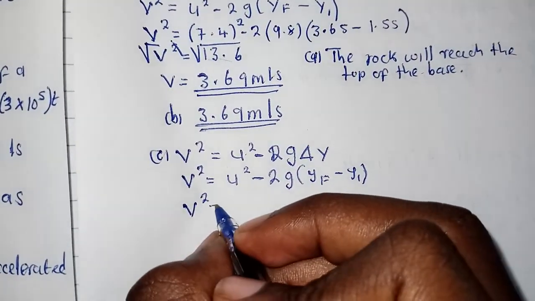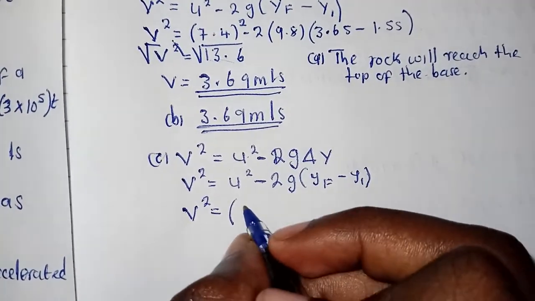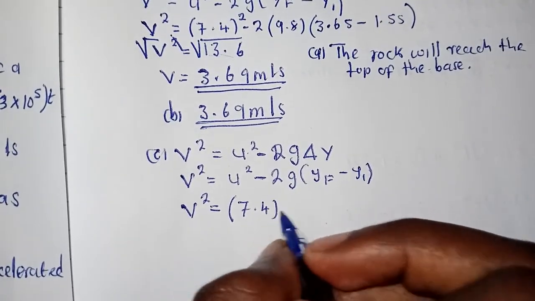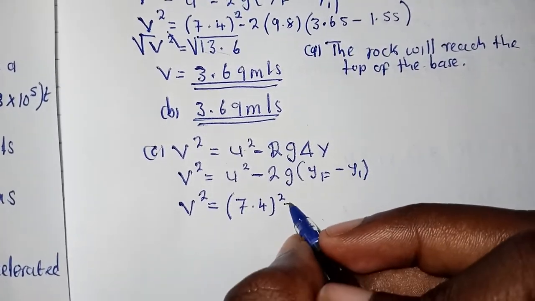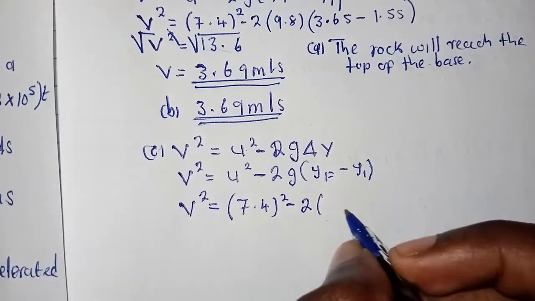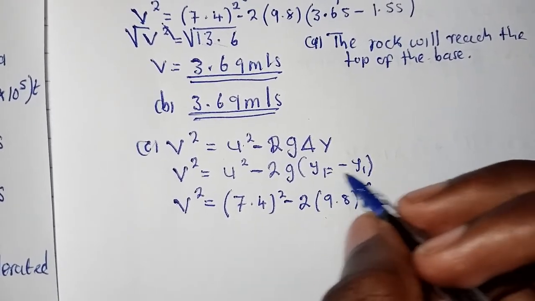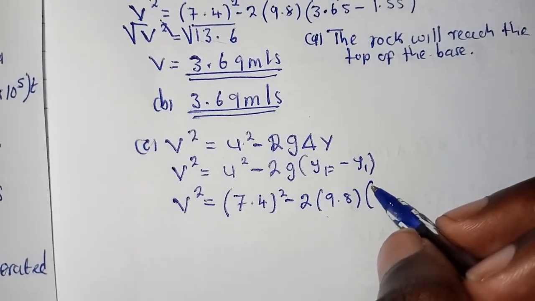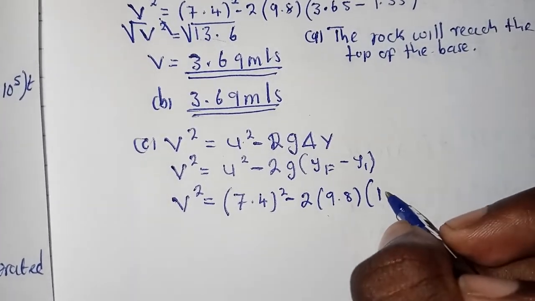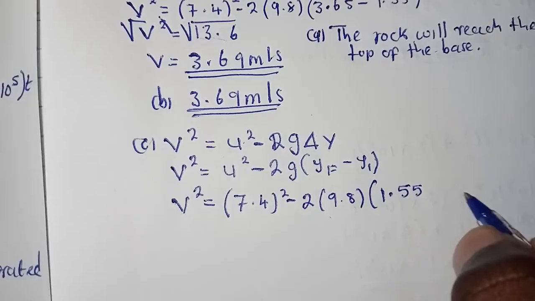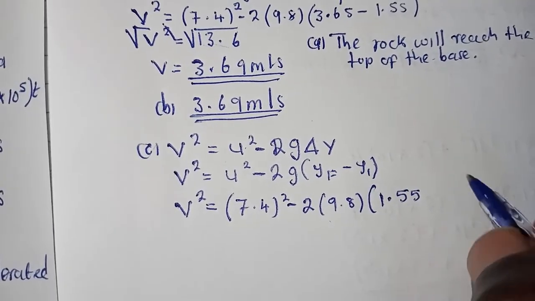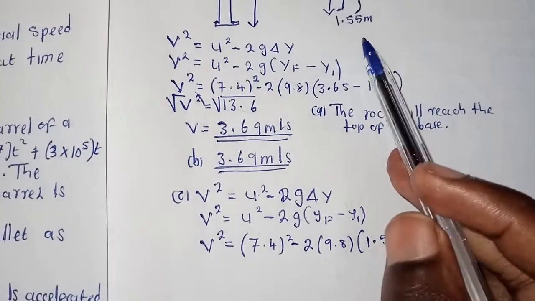So in this case, we have V squared is equal to, of course, this is 7.4 squared, plus 2 times 9.8, and since it's coming from up there, this is going to be 1.5.